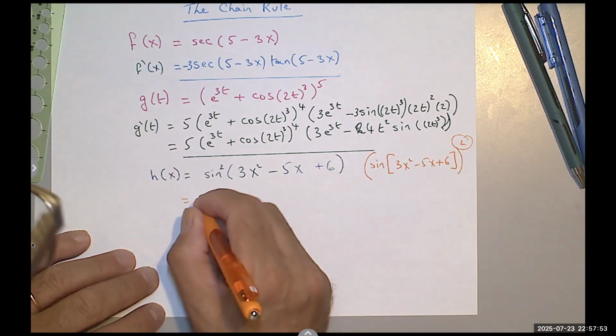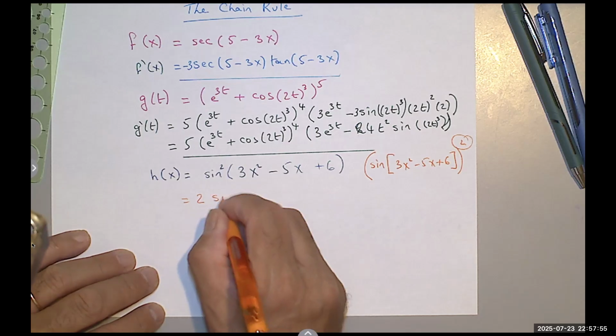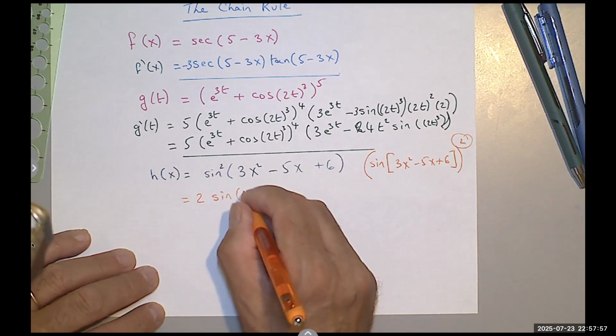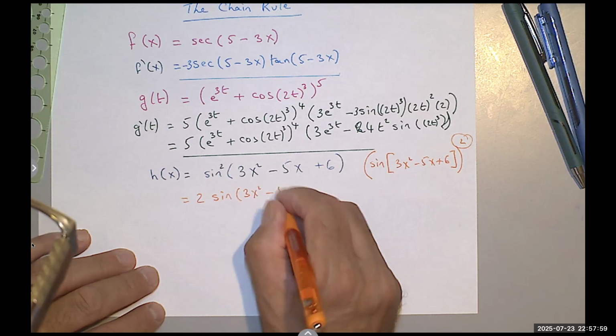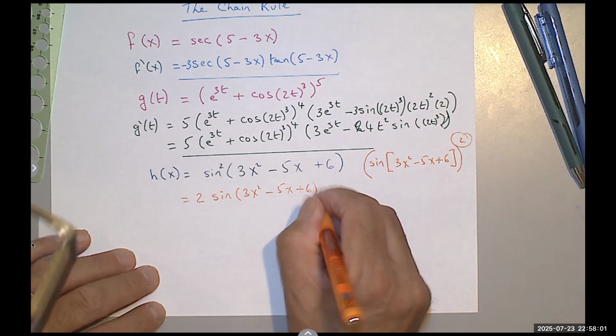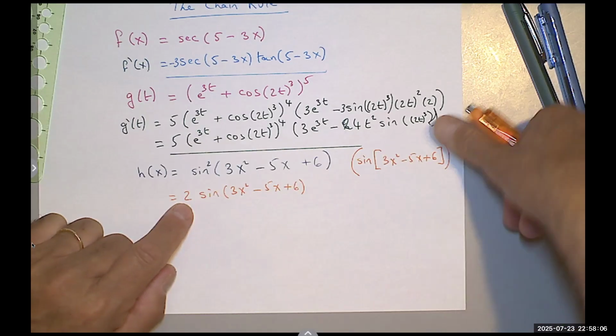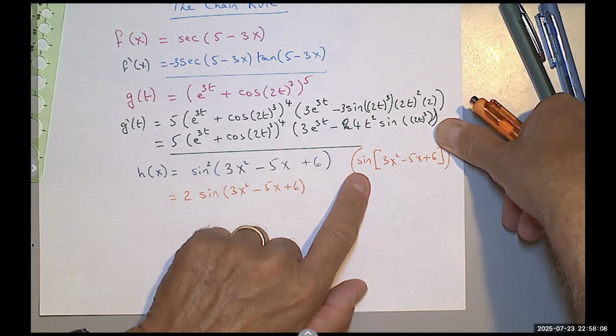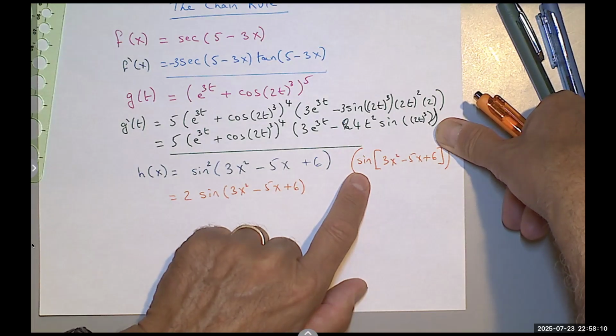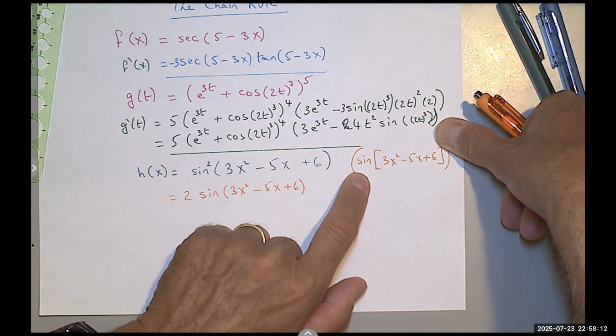So I get 2 times sine of 3x squared minus 5x plus 6. I just took the derivative of the square. After that, I see a sine function. That's what I see next. The derivative of sine is cosine.